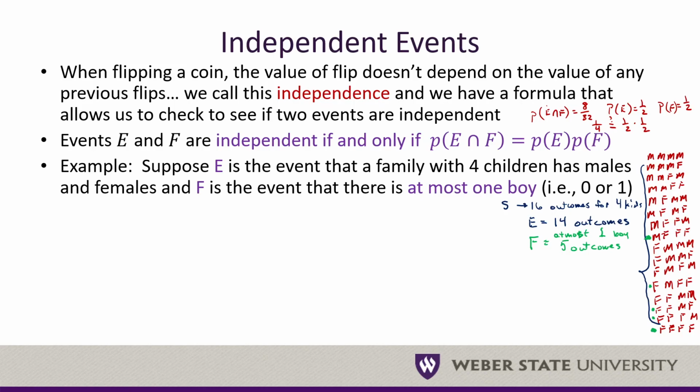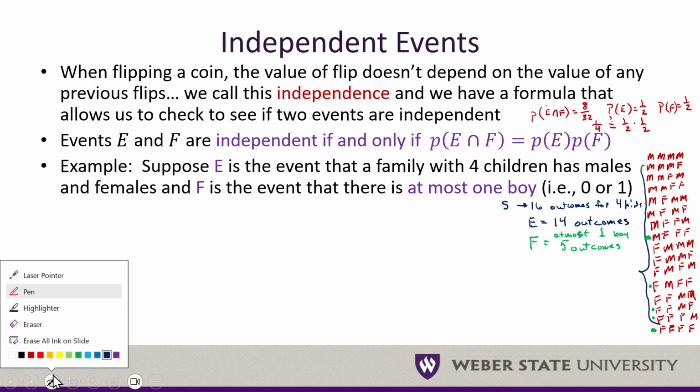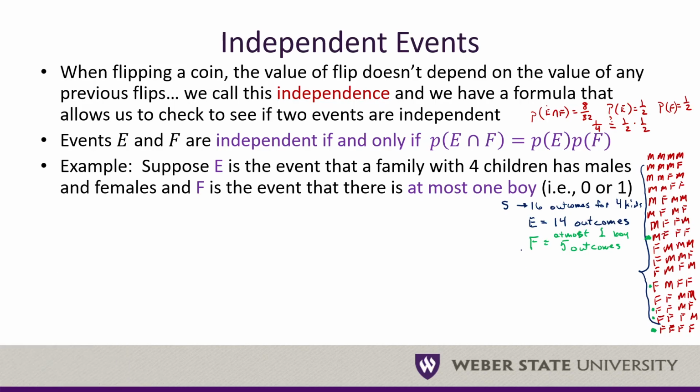Then we look and say, where do they intersect? I'm almost out of colors here. So then E intersect F. Well, F is the dark blue, E is the green, so I've got 1, 2, 3, 4. So I've got 4 outcomes.